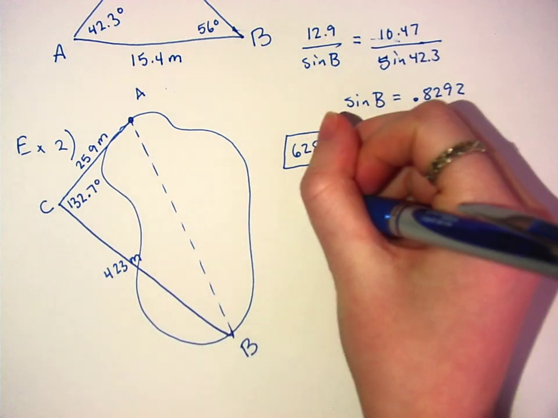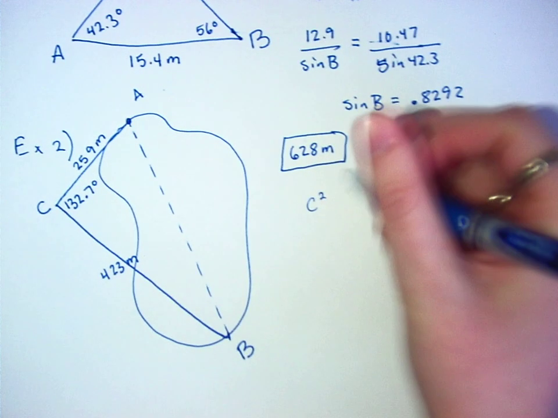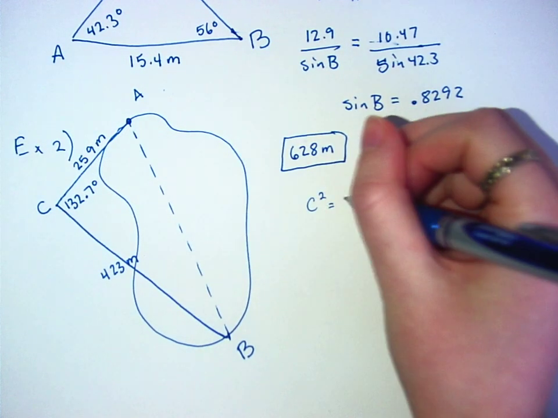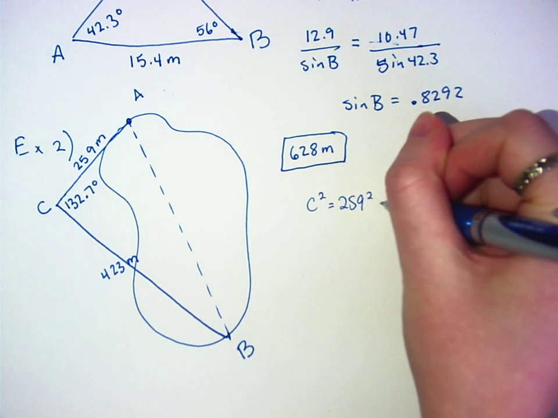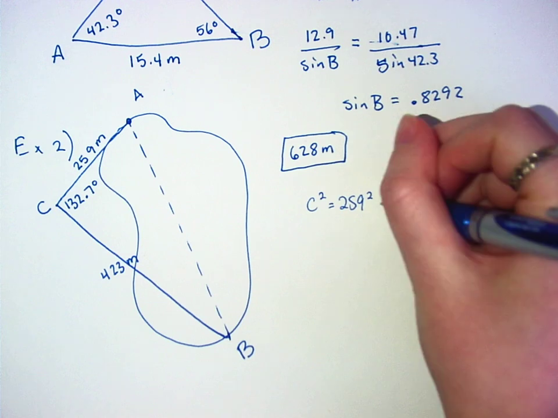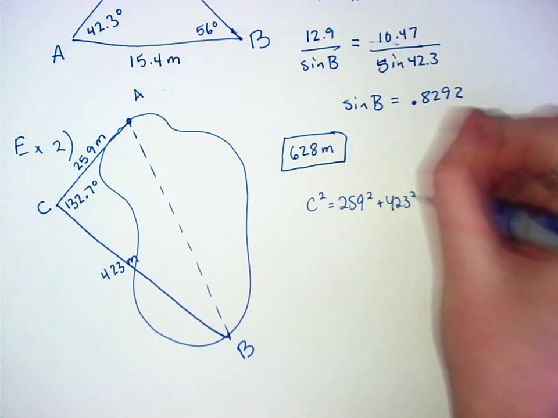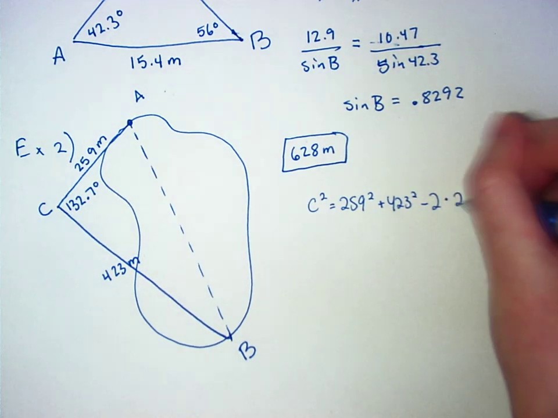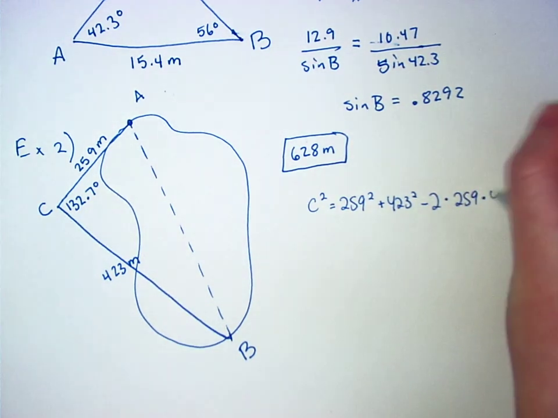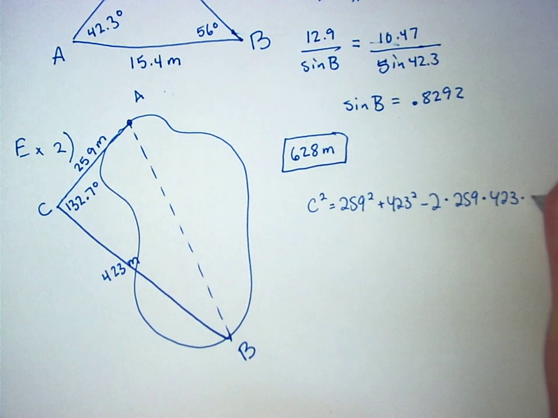Michaela, go stand by the computer so Mariah can hear you. Okay, so we're trying to find little c squared. So we did c squared equals 259 squared plus 423 squared minus 2 times 259 times 423 times cosine of 132.7.